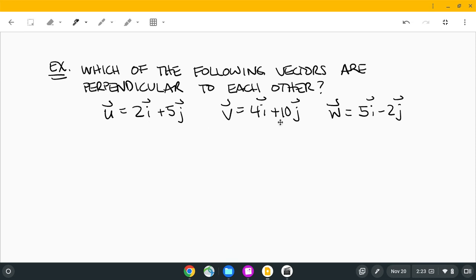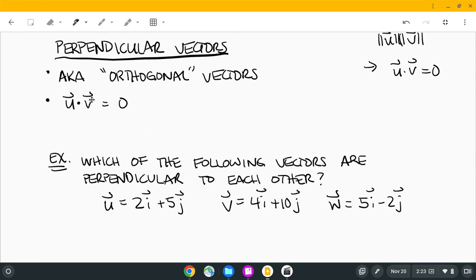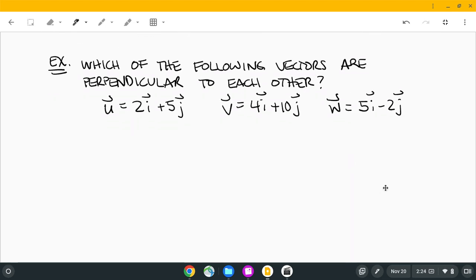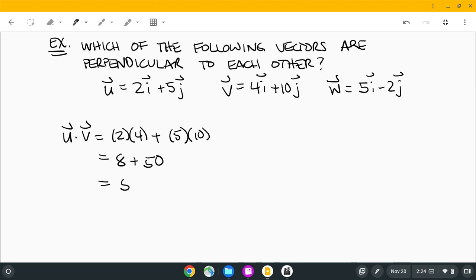Well, we just have to check the dot product between them. According to this, if the dot product equals 0, then they are perpendicular to each other. So let's check u dot v. The dot product between u and v is going to be 2 times 4 plus 5 times 10, and we can already see that this is not going to give us 0.